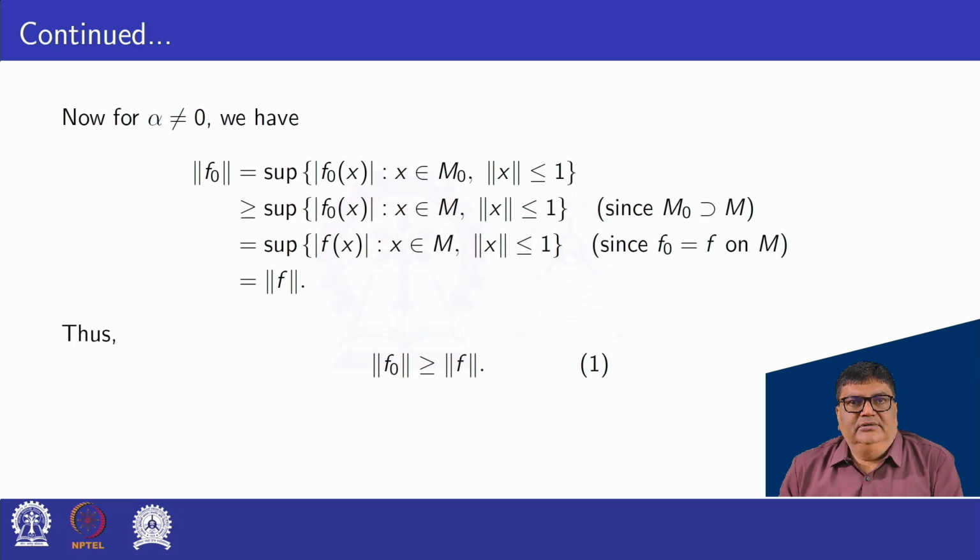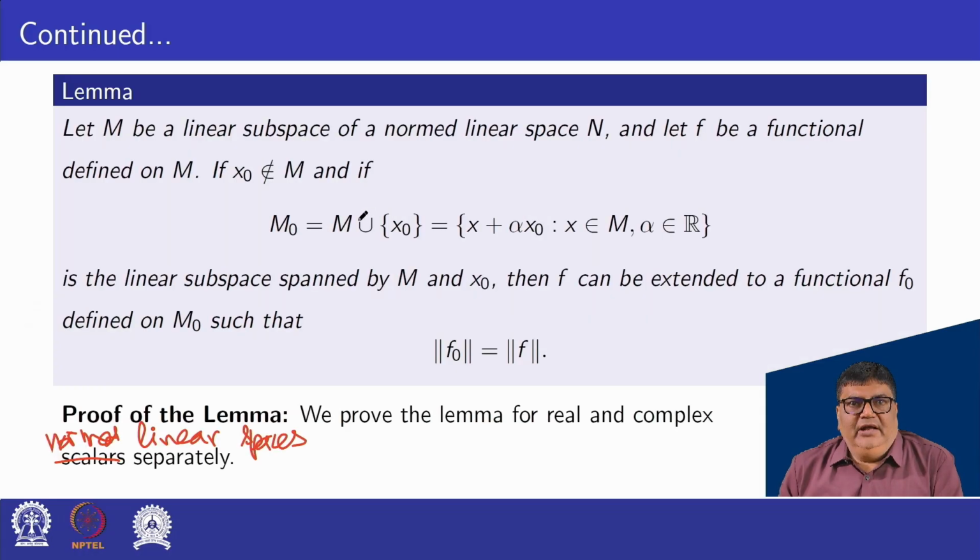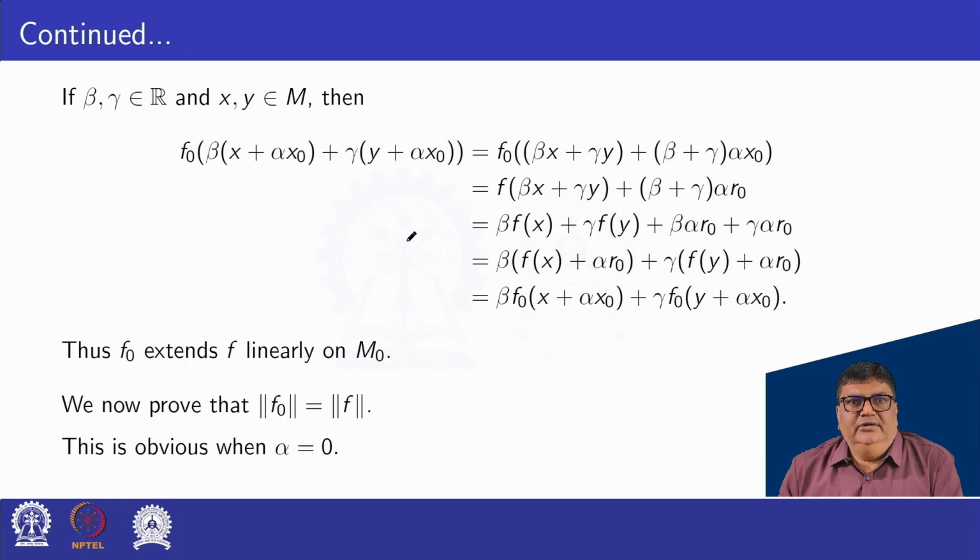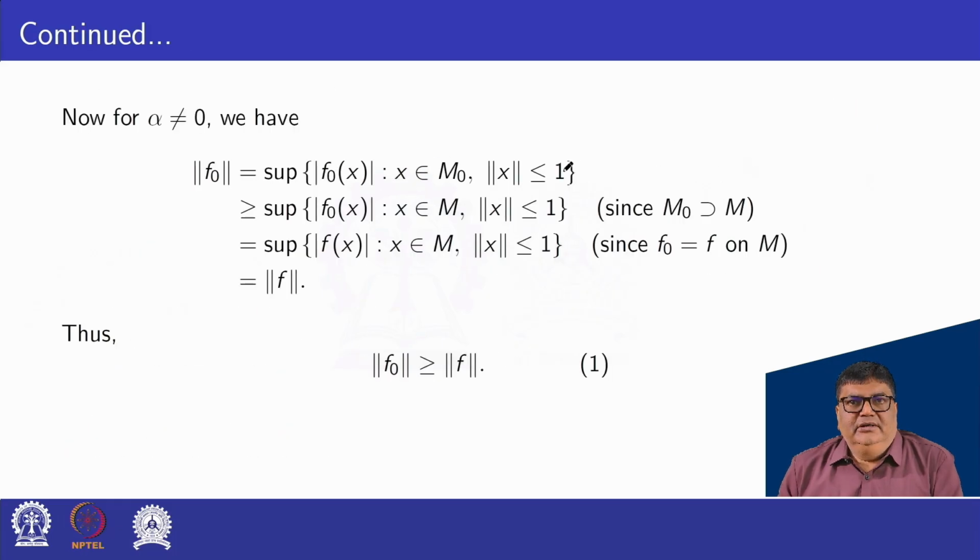Okay, so here x belonging to M0, f0 is a functional for M union x0. Okay, so this is greater or equal to supremum of f0(x), such that x belonging to M, norm x less or equal to 1.